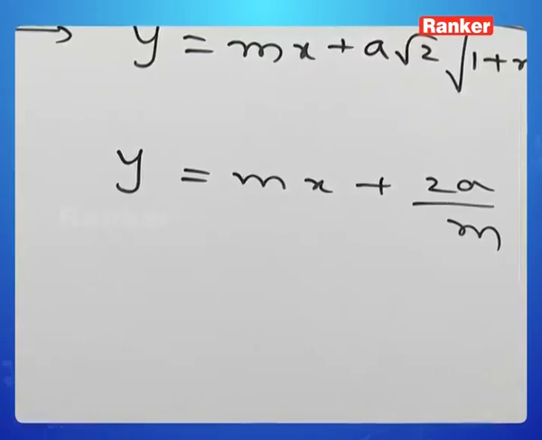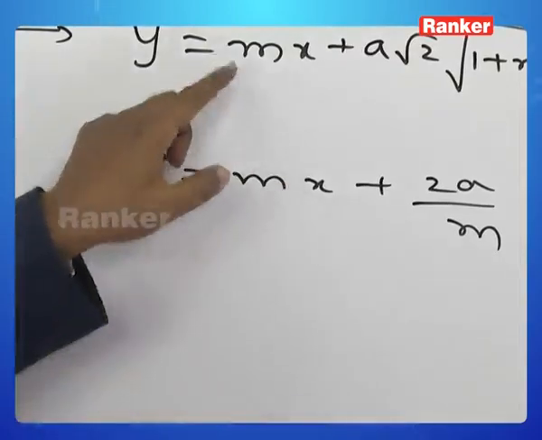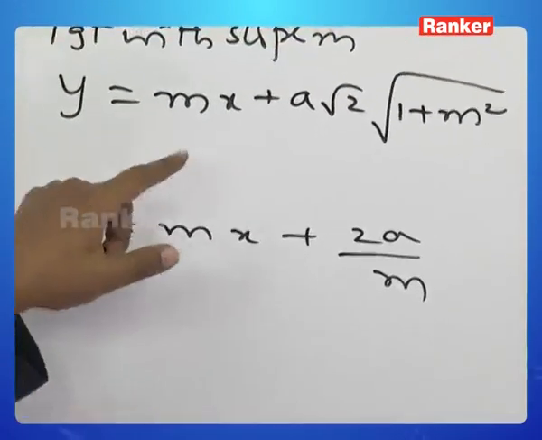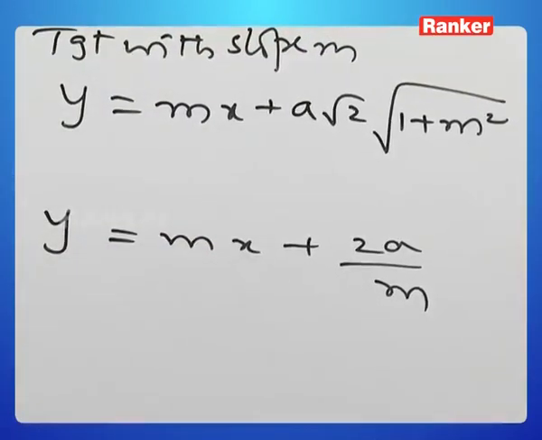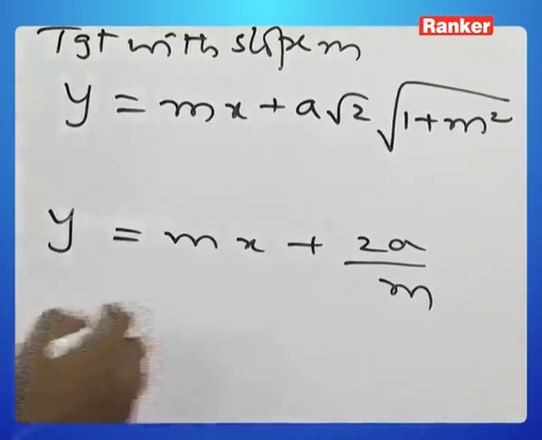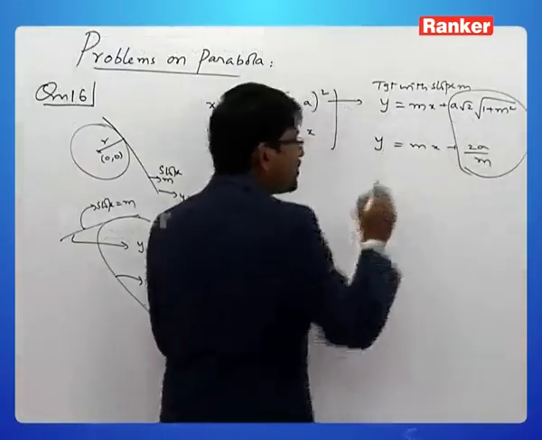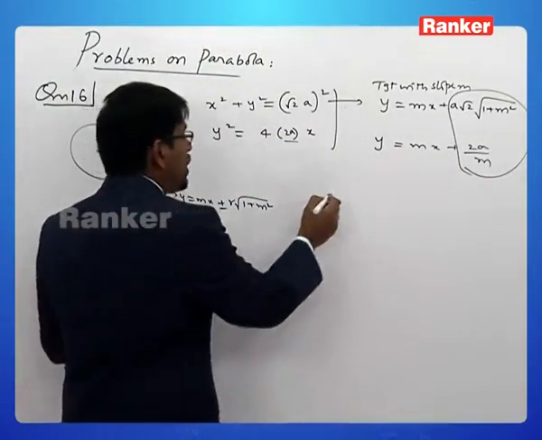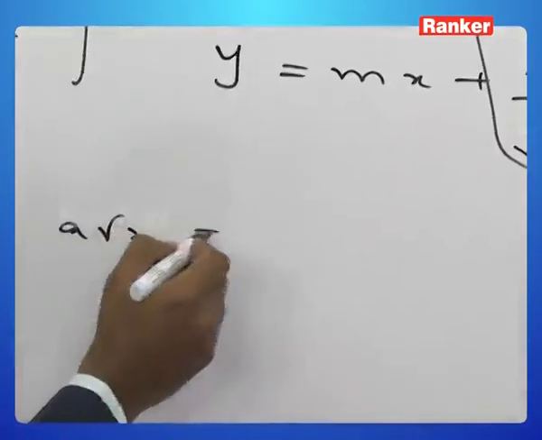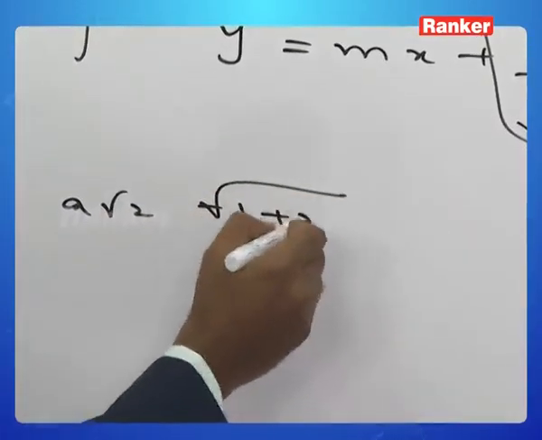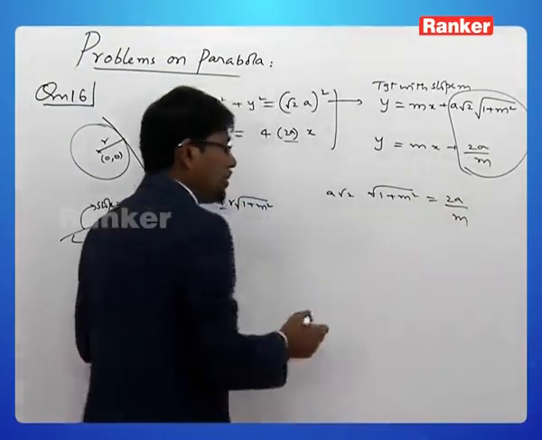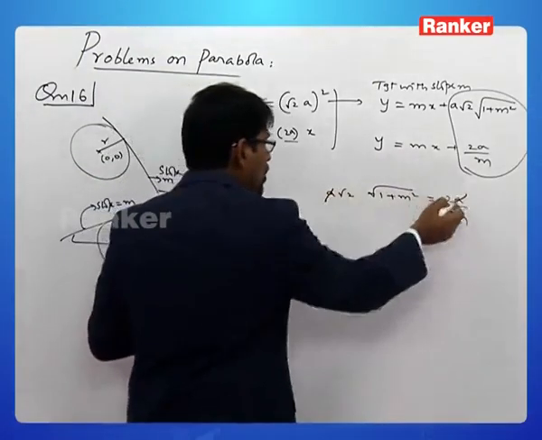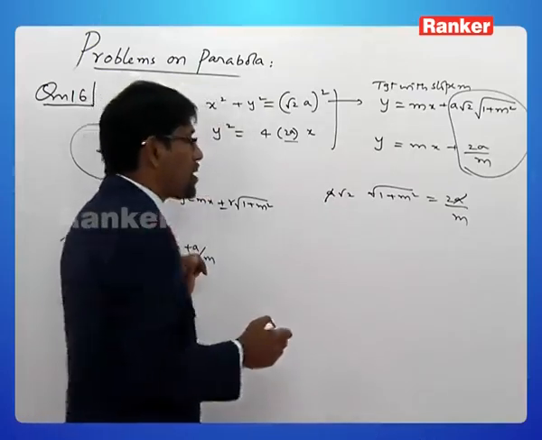Now we want to know for what values of m these two are the same, because we are looking for common tangents. So these two have to be equated. That is, a root 2 into root 1 plus m square should be equated to 2a by m. So let us cancel out this a and square both sides.